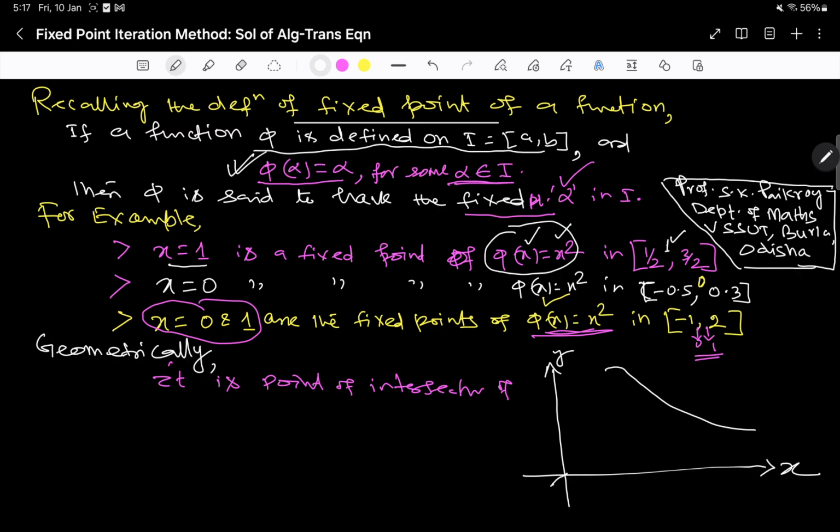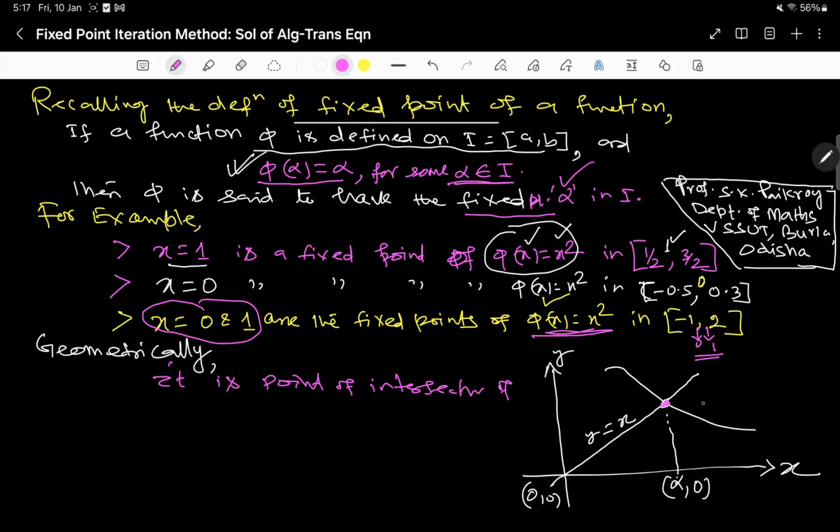Now this is the line y is equal to x. So this is my origin, this is the line y is equal to x. Now suppose alpha 0 is my point here.